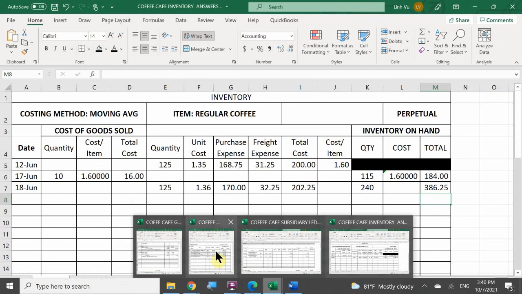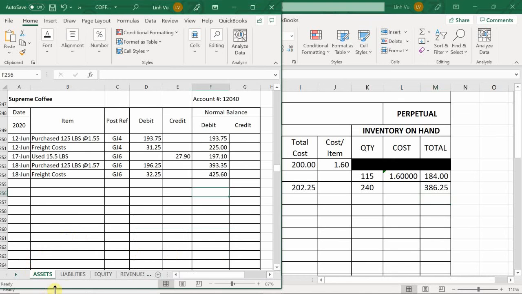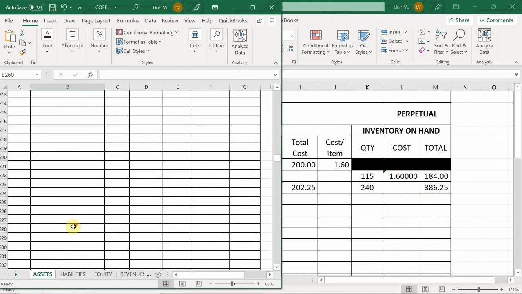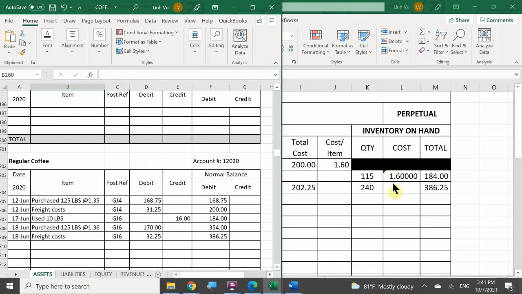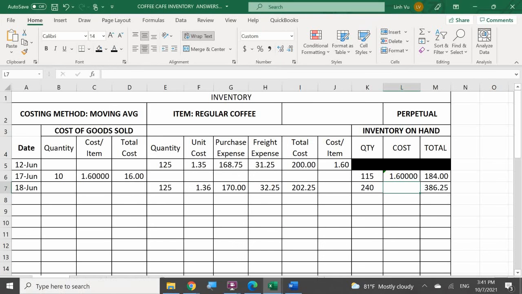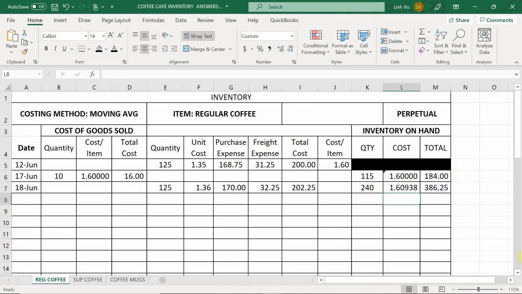So this is 1.61 if we do 2 digits. Okay, so in this case, we match our ledger to our inventory worksheet. We got 386.25. And how many decimal places do you want to round?